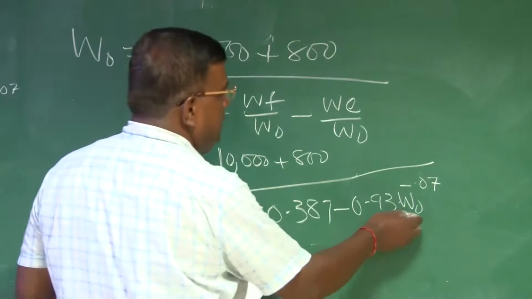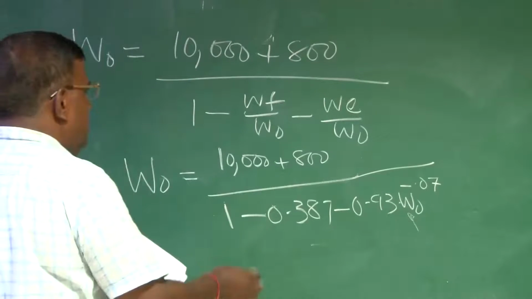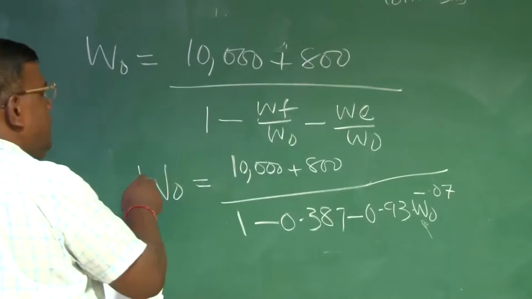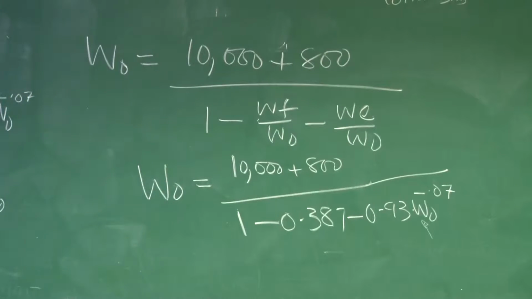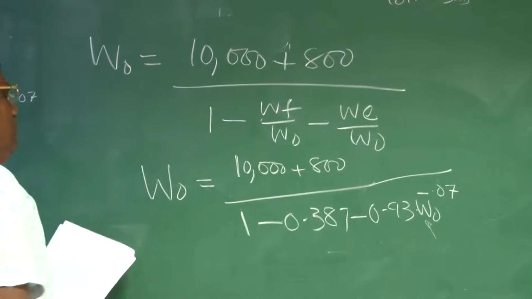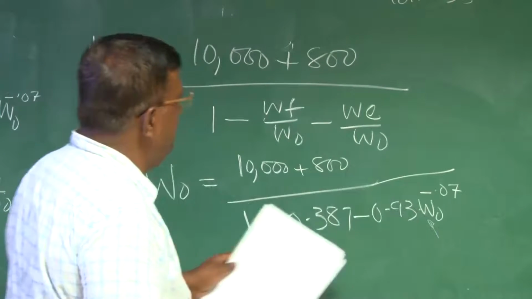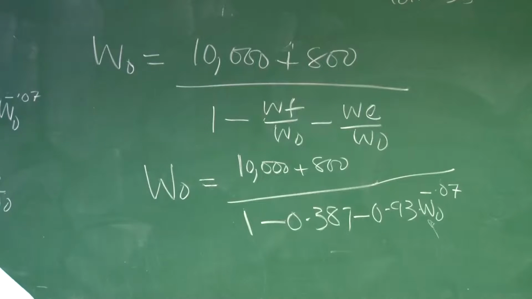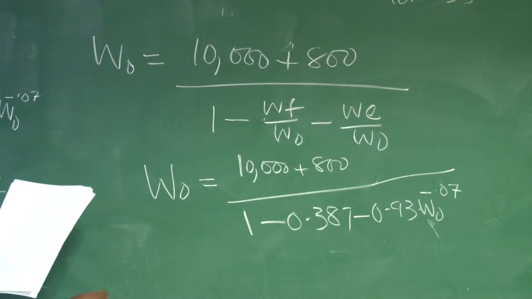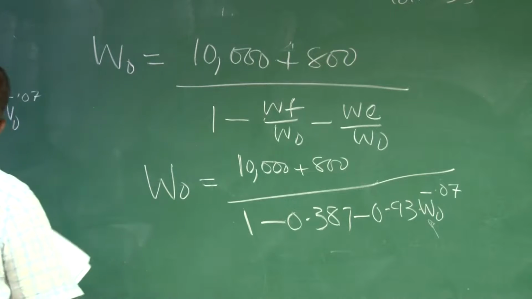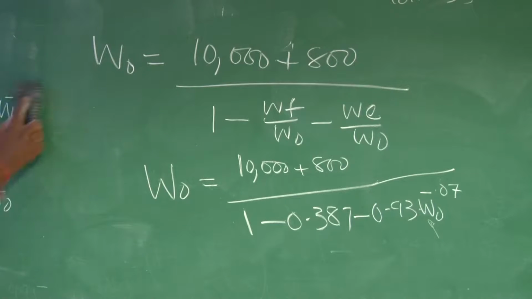You select some value of W0, put it here and see whether they are converging or not, or use any numerical method. That's up to you. The example takes the simpler method. You go on putting some number here and see whether the left hand side is equal or not, and you will find this will converge. Today there are so many ways you can find a solution.